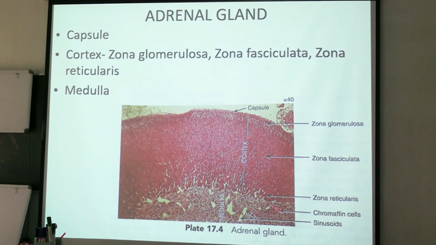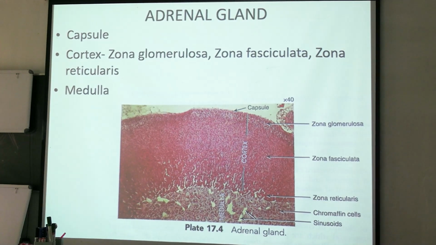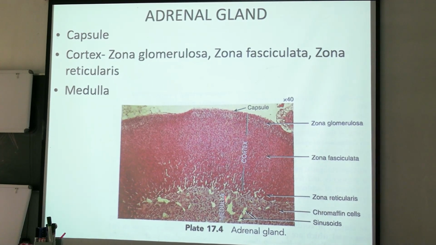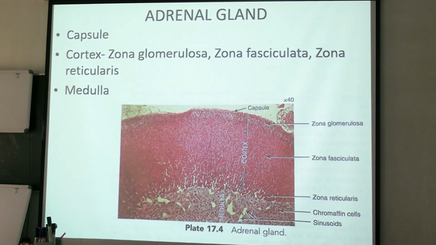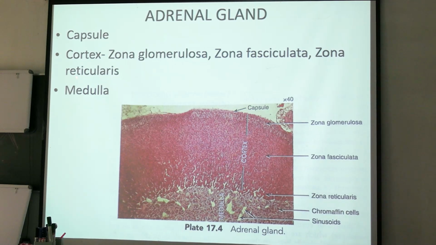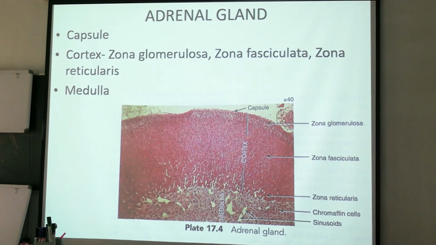And here this is the medulla. The medulla portion is lightly stained. Polygonal chromaffin cells are present in clusters, and these are the venous sinusoids. There will also be sympathetic ganglion cells. So here you can see the capsule outermost, the cortex with three zones, and the medulla.